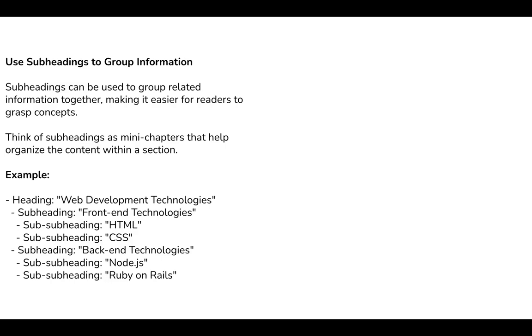Then you create another subheading that will be directly under web development technologies, which states back-end technologies, right? Then you would have more subheadings under that. So, for example, if you have a document like a book that talks about web development technologies, and the reader sees web development technologies, front-end technologies, HTML, CSS, they will know that these sections are together.